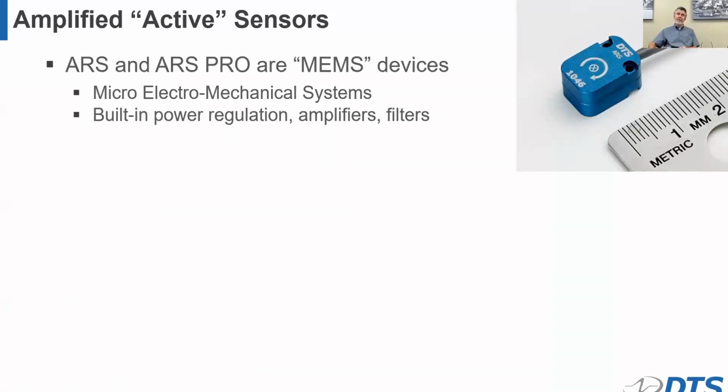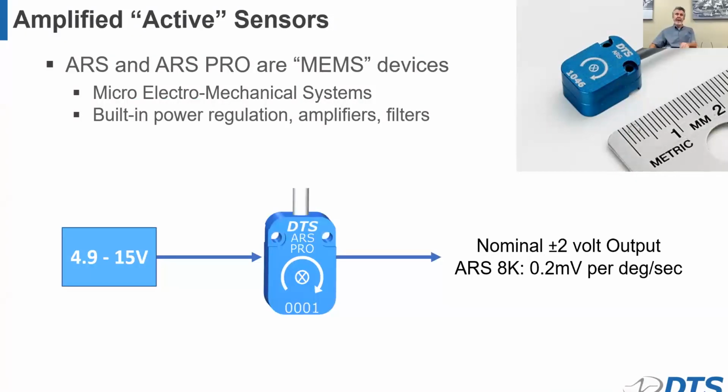So it does something much different than a bridge in that we can put in a very wide input range of voltage, and then we get out a calibrated nominal plus and minus 2 volt signal. For the ARS 8K, it roughly puts out 0.2 millivolts per degree per second, and that adds up to roughly a 2 volt output.